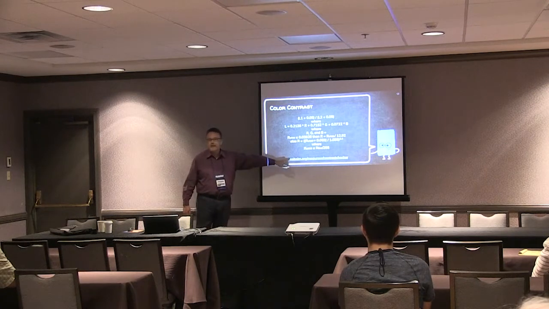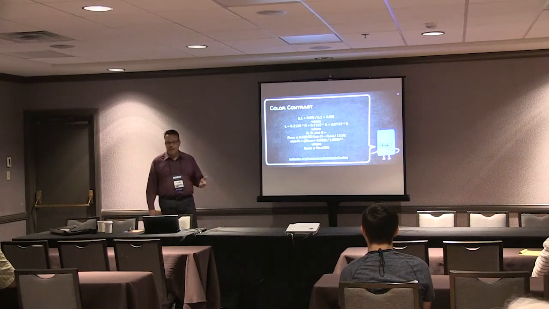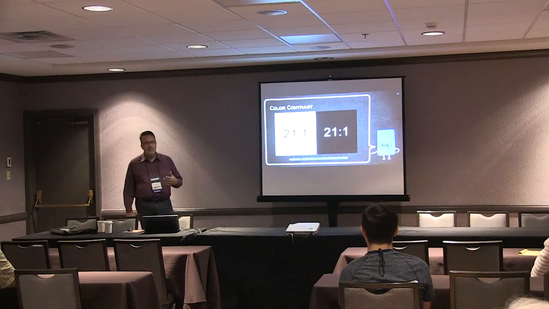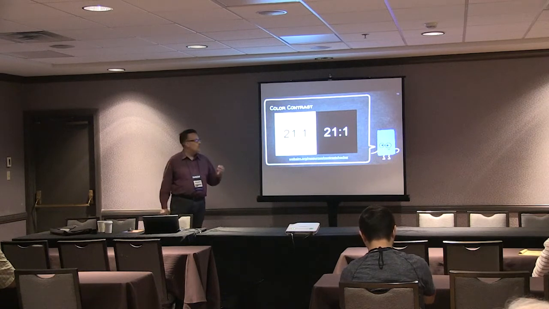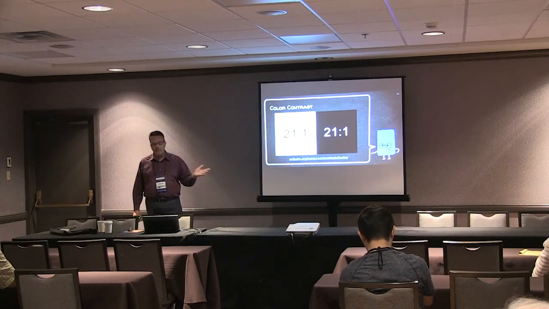We have a contrast calculator on our website, and there are a lot of them out there that will calculate the ratio for you. Basically, if there is no difference in contrast, then it's 1:1. Black on white, which is the strongest, is 21:1. So we're going to be somewhere in that range.